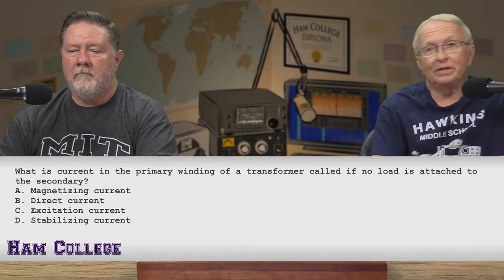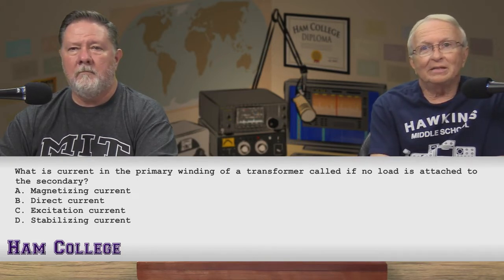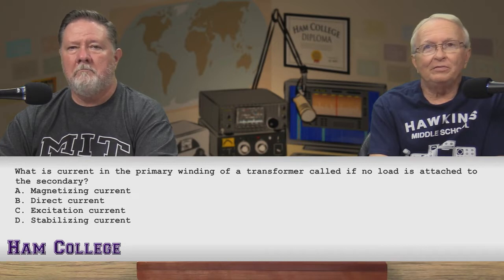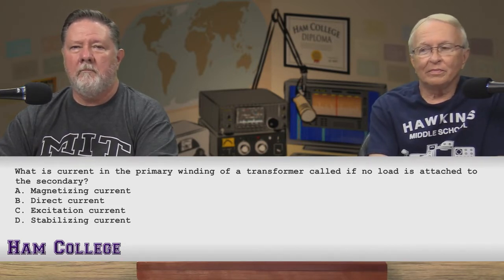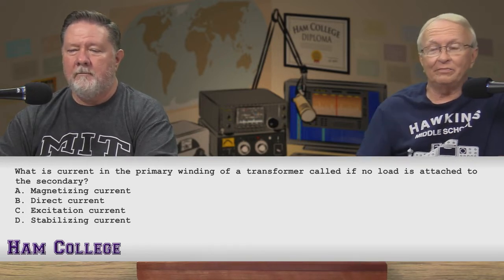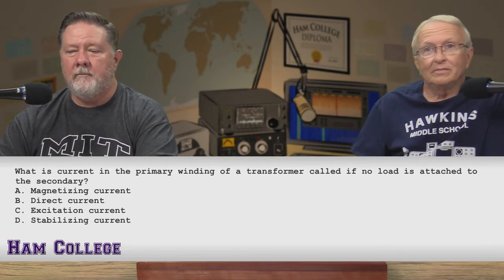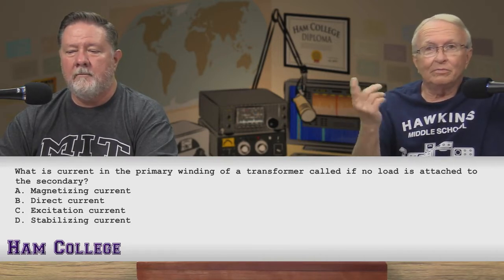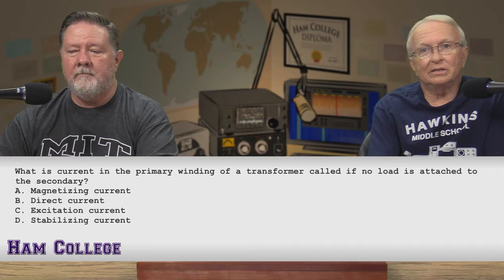Wouldn't be any point in it anyway. So that leaves magnetizing current. And if you think about it, the primary winding of a transformer is an electromagnet. If nothing's hooked to the secondary, then you're just sitting there creating a magnetic field. It makes sense. I think that's what it is.